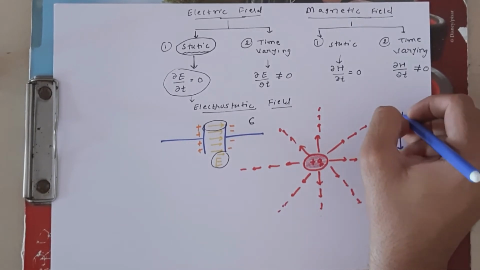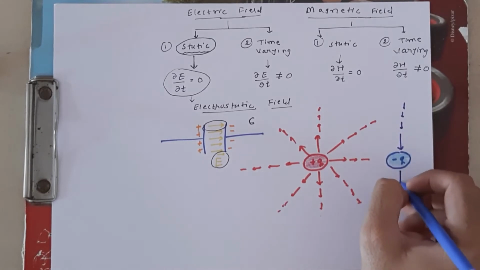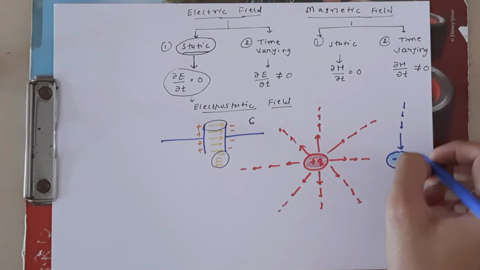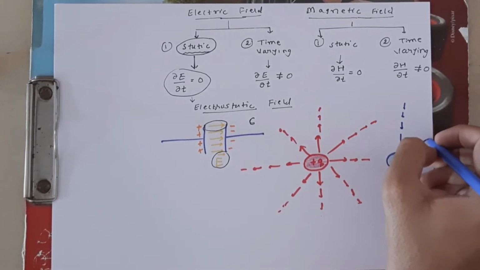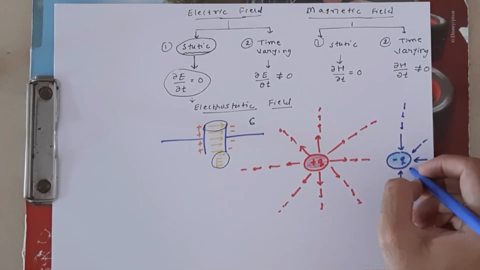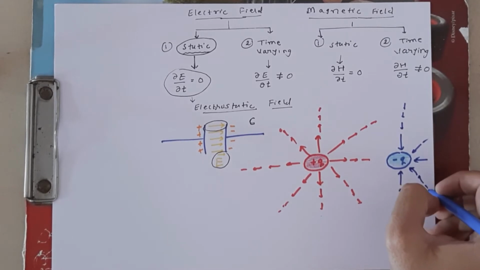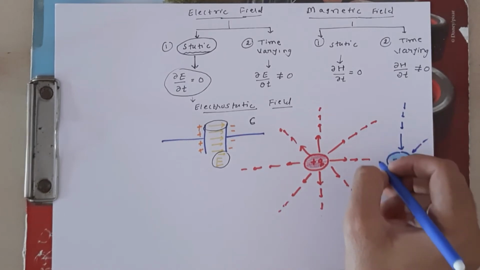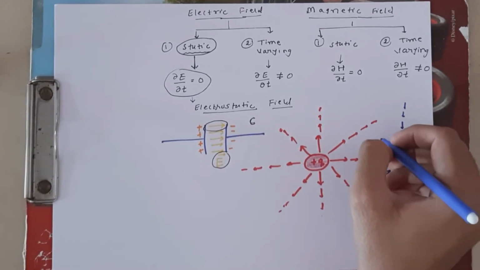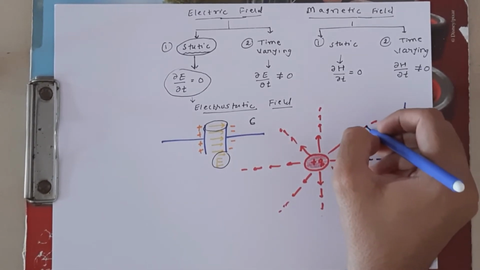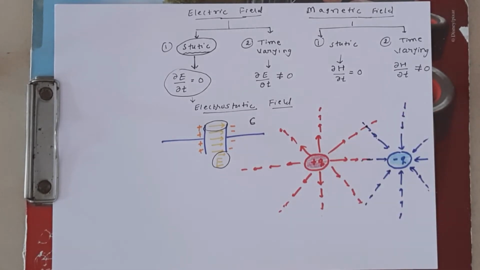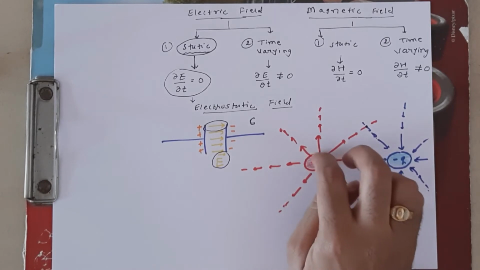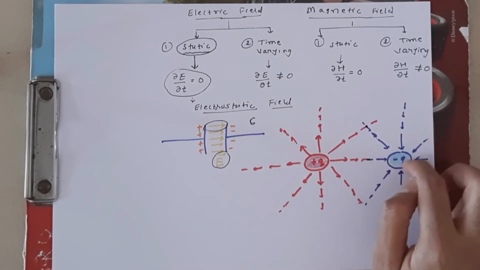No space is available, so I cannot draw it here, but this is the field of the negative charge. The direction of the electric field due to a positive charge is outward.